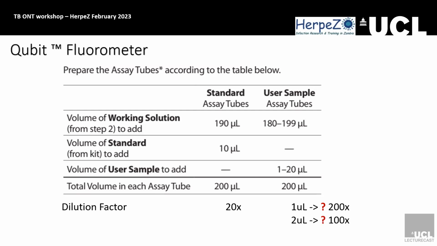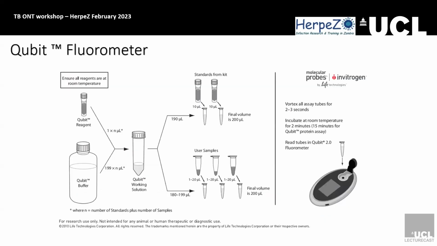So this is basically just outlining the steps that I've already spoken about. These will be your standards, 10 microliters into each. These will be your samples. Add the working solution there, depending on how much sample you're adding. If you're adding 1 microliter, you're using 199 microliters of working solution, because the final volume is 200 microliters.